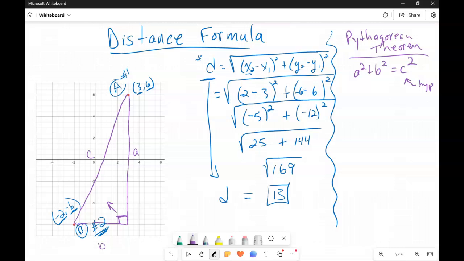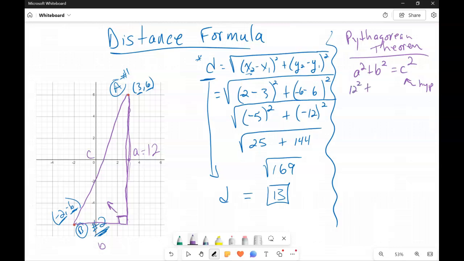So based off of that, the length of side A, since that's a vertical line, you can count that one. You'll notice that it is 6 units up here, and it's also 6 units down. So this side has a length of 12. That would be my A value.